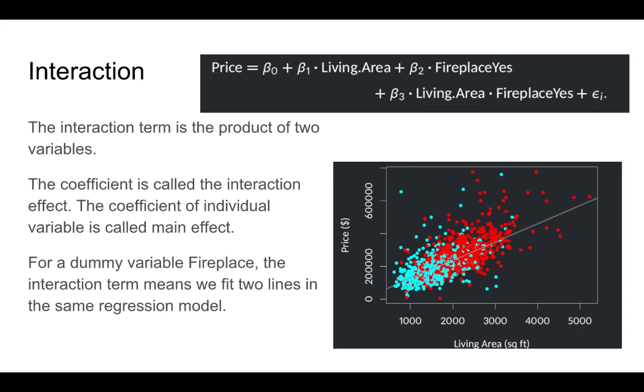A very important thing is, if the interaction term has a dummy variable, what does that mean? In terms of fireplace yes or no, we have to build two separate models: one when the fireplace is yes, and another when the fireplace is no. And that has been taken care of by the interaction term. So that's the point of interaction.